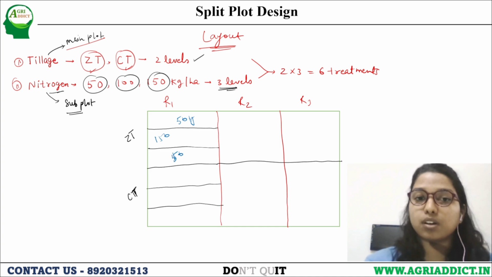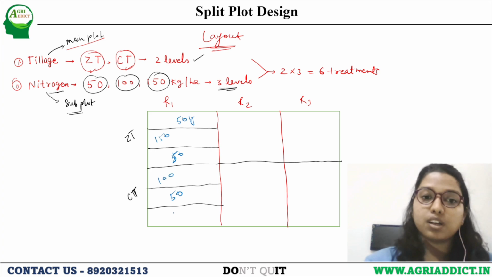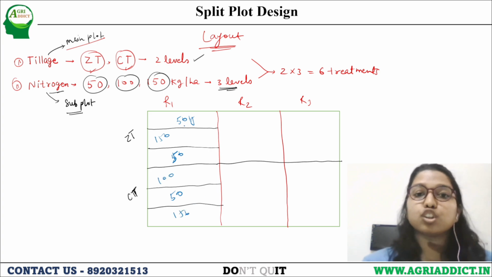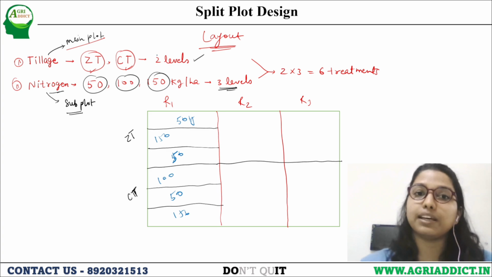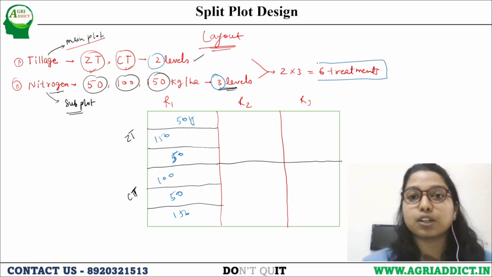Randomly we have to put. Here I am putting 50, 100 and 150 like that. So this is how we have to allocate the treatments. As the main plot has 2 levels and the subplot has 3 levels, when we have to find the number of treatments, it will be 6. 2 3s are 6. How will it be?